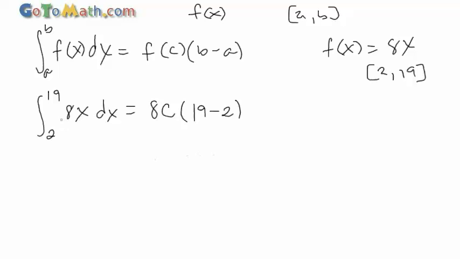Alright, so you should know how to do this part here, no problem. So this becomes 8x, add 1 to the exponent, put the exponent down below, going from 2 to 19, and then we've got 17 times 8, can we do that in our head? I don't know. 56, and that's 136, I hope.